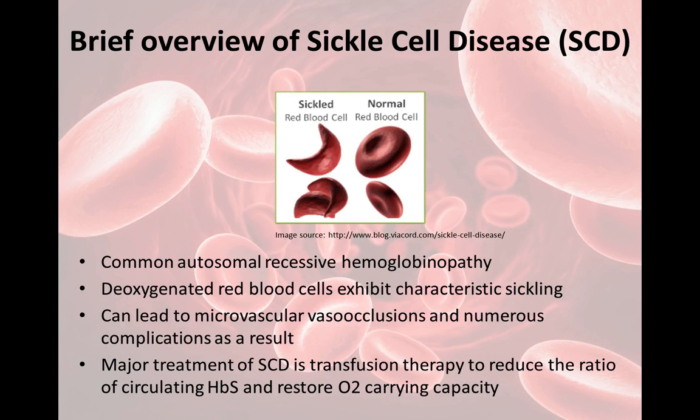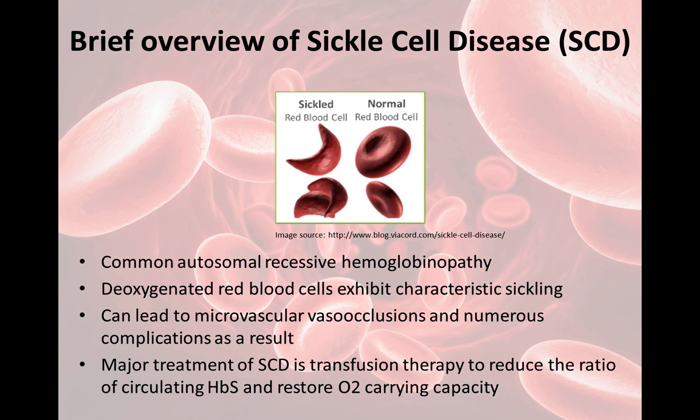However, repeated exposure to deoxygenated conditions will promote the characteristic sickle cell shape due to hemoglobin S forming precipitates and reducing a red blood cell's ability to return to its biconcave form, and instead forms the characteristic sickled form, which becomes irreversible.